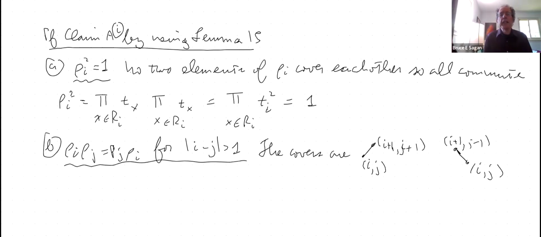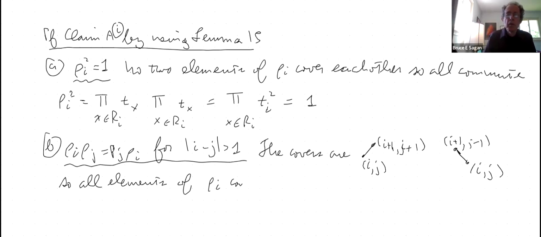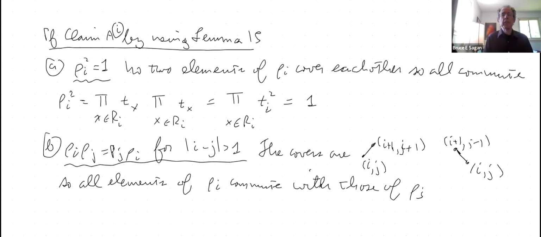So if I'm taking two things which are not in consecutive rows, do we have any covers? No, we don't. The next row up will be over here, and that'll be two covers down. So all elements of row i commute with those of row j. And that, of course, means that the two elements commute, just as before.